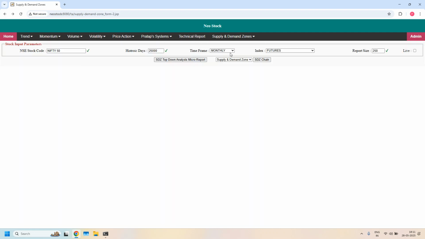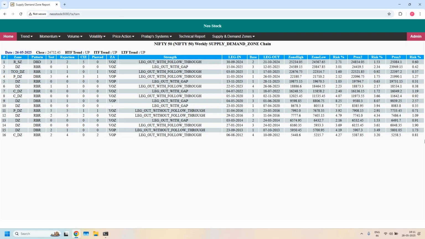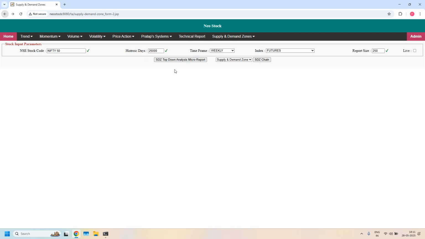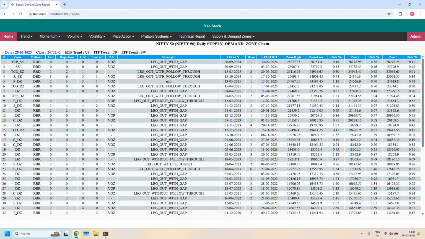Okay, next. Weekly supply demand zone chain for Nifty. Next. Daily supply demand zone chain for Nifty.